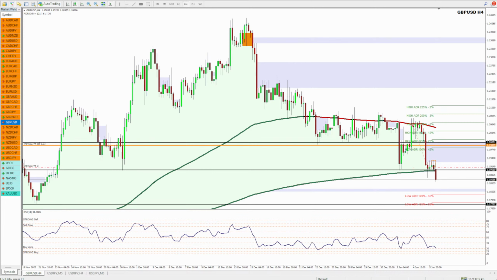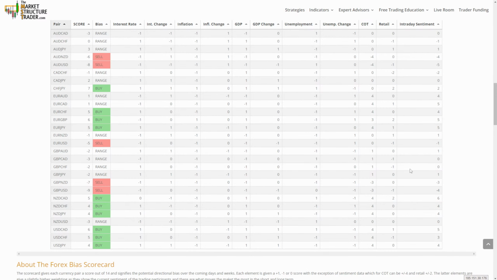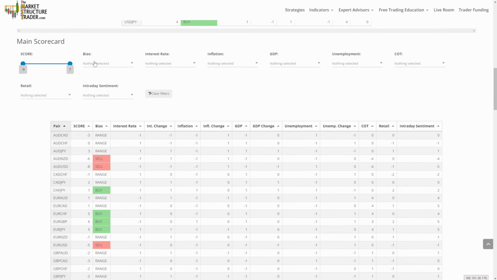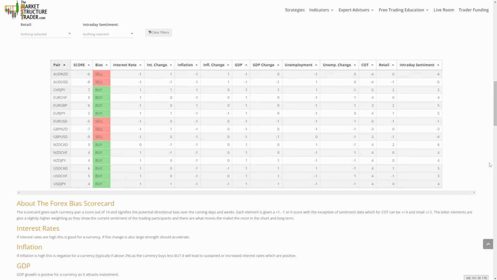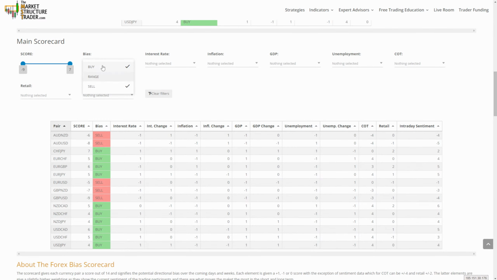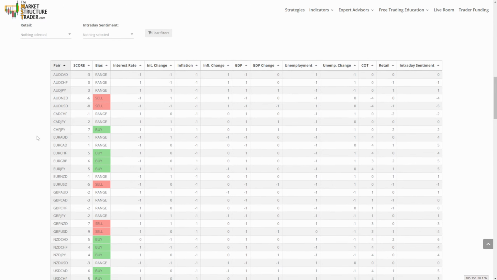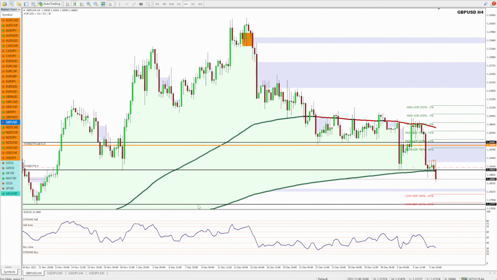Go to the website, find something with positive swaps, filter it for buys and sells, pick one of those. So if we've got positive swaps on New Zealand dollar yen, buy it, I guess. I don't really do that. I don't get involved.